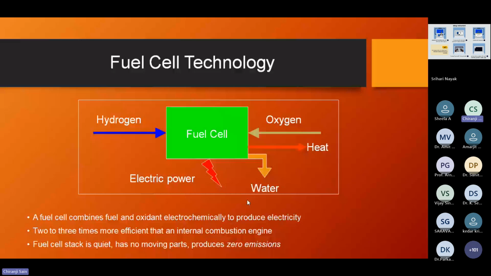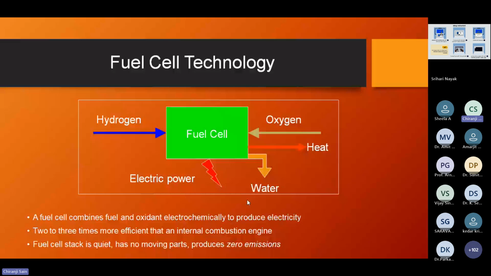And we could see that, as compared to conventional battery electric vehicles, or rather IC engine vehicles, the fuel cell hybrid electric vehicle is 2 to 3 times more energy efficient than the internal combustion engine. Last but not least, the fuel cell stack is very quiet in operation; no rotating parts are there.